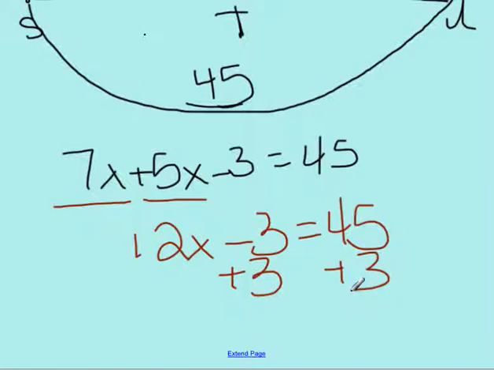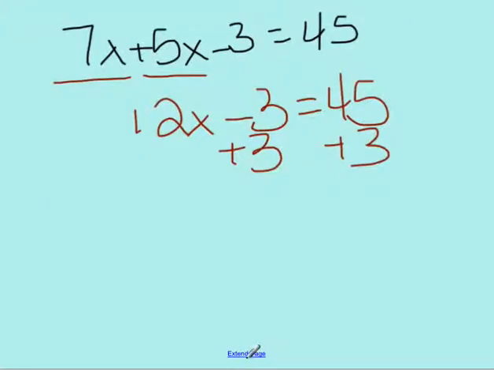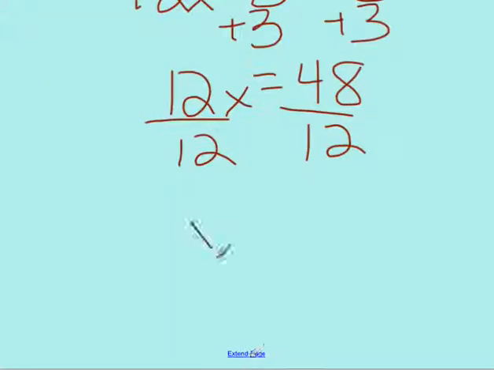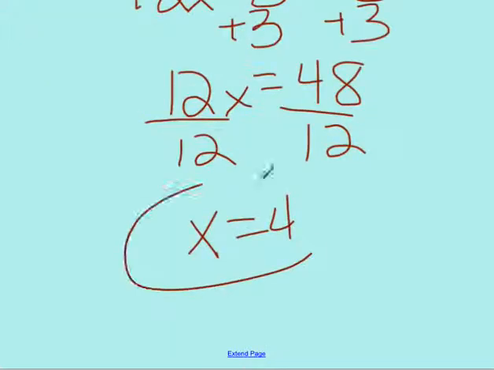Okay, so next thing we want to do is we want to go ahead and add these together. So we have 12X is equal to 48. So we're going to divide both sides by 12, and we get that X is equal to 4.